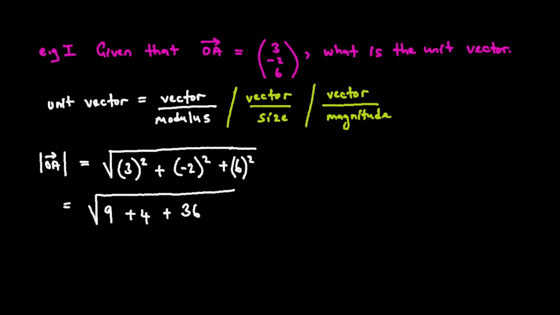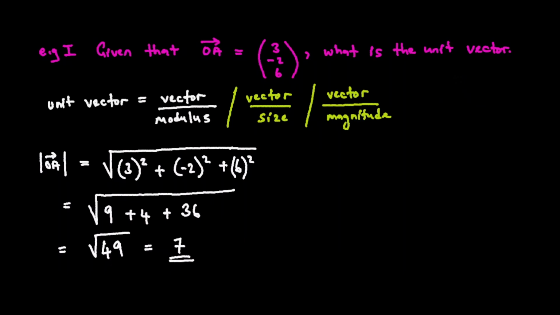So we need to know what 36 plus 9, 10, 11, 12, 13, plus 13 gives 6, 7, 8, 9. Correct, it gives 49. So this is equal to the square root of 49, which means our size is 7. So that is going to be our size. The size of that vector is 7.